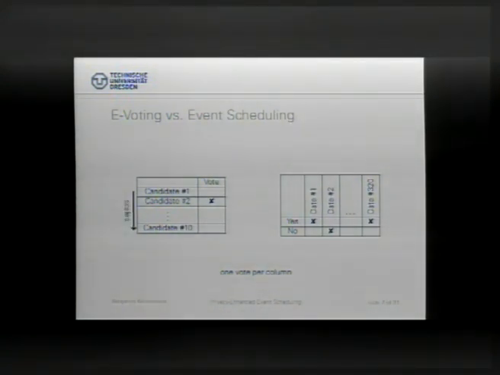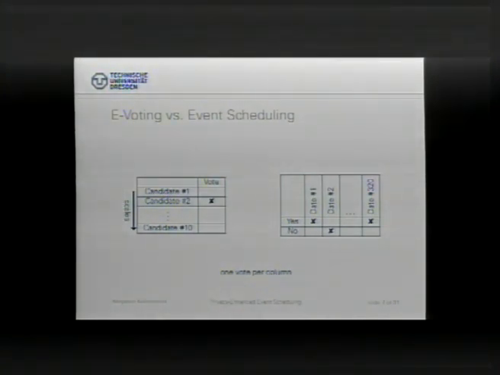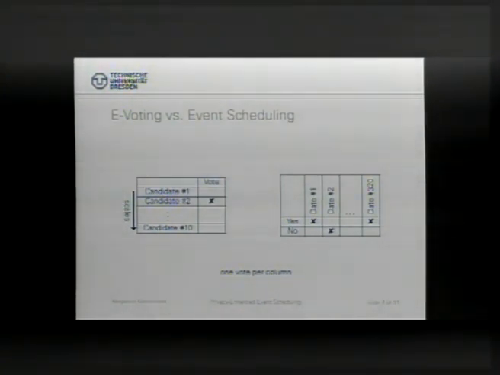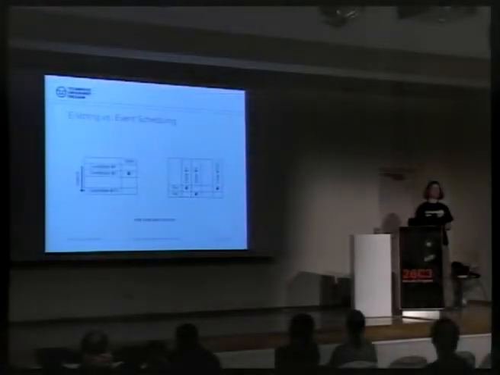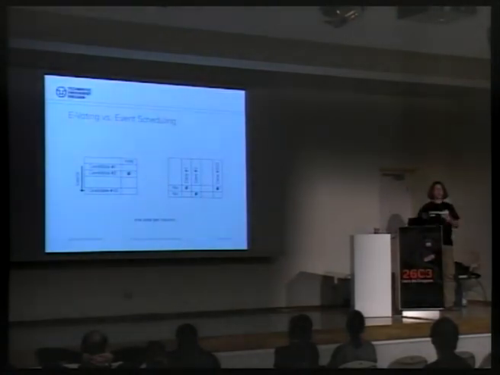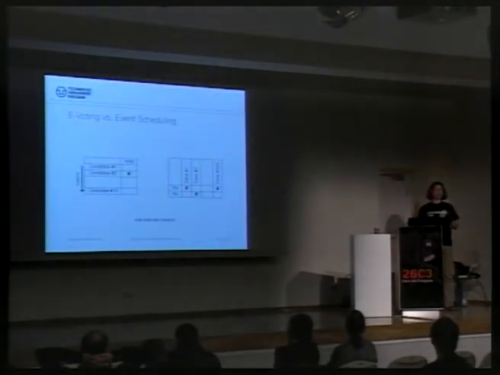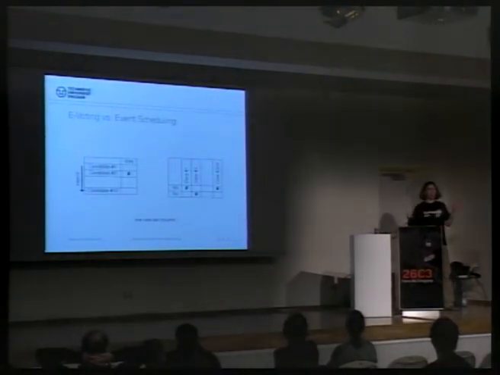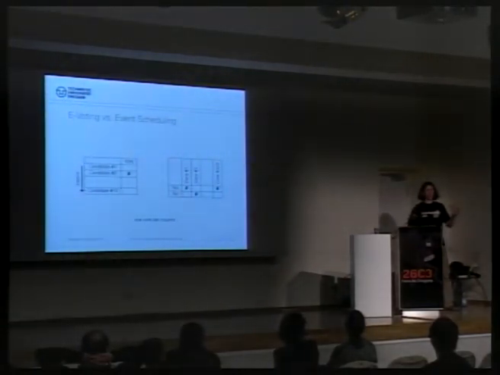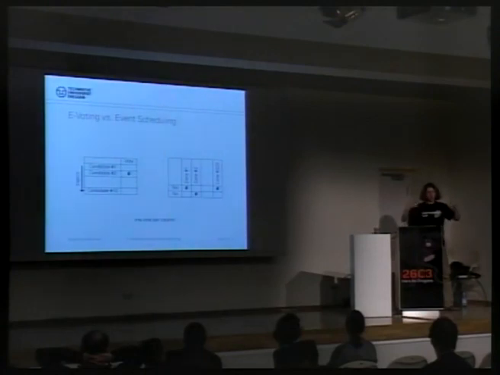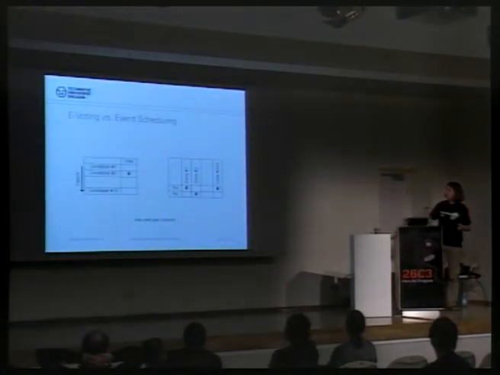In the event scheduling thing, it's a bit different because you have really many time slots. So think of an extreme example where you want to have a telephone conference in the next 2 weeks, and we schedule the meeting quarterly. So you have an 8-hour working day times 4 times 2 weeks makes 320 time slots.